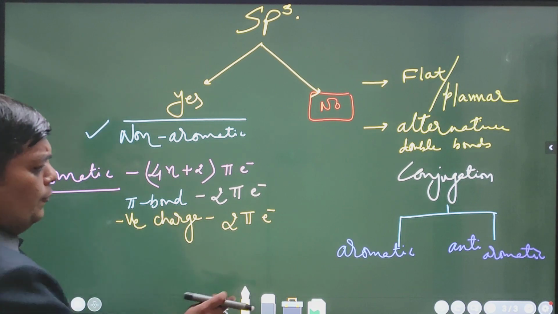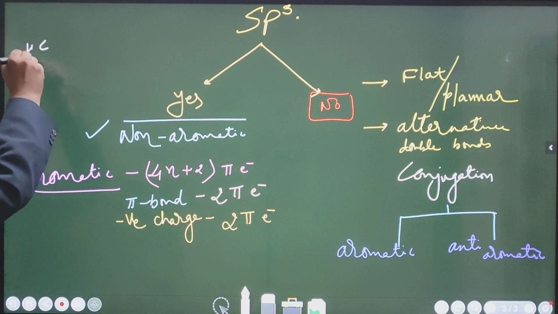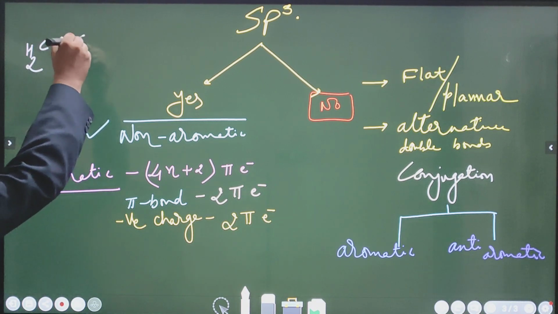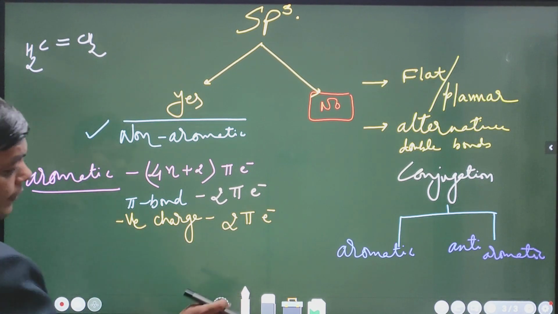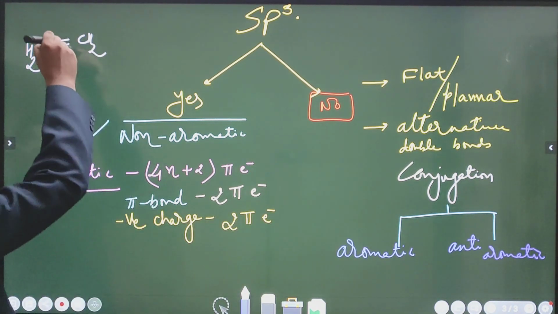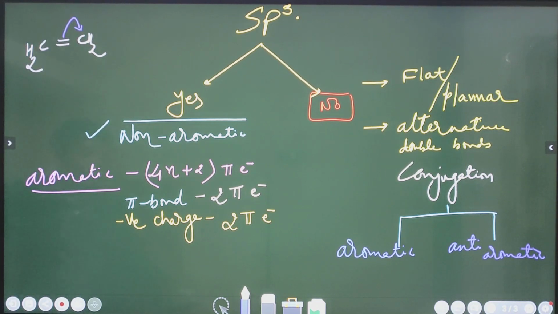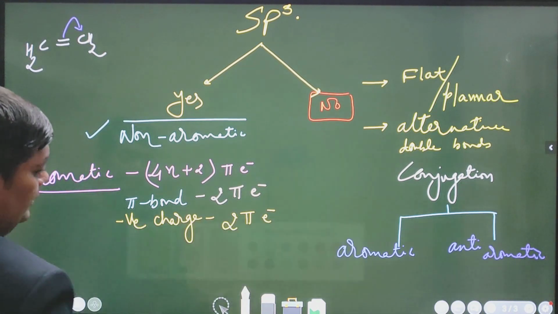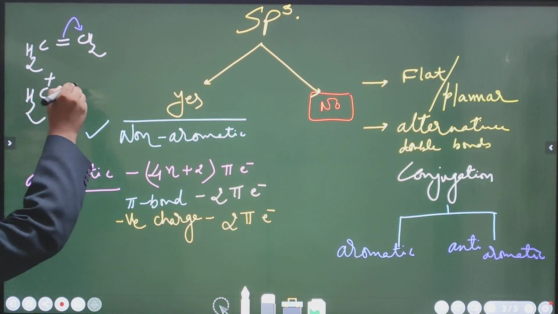I will give a small proof of this. If I have a carbon-carbon double bond, you are very much aware that if one bond, which is pi, breaks towards the carbon, then suddenly in this molecule you will find a change like this.